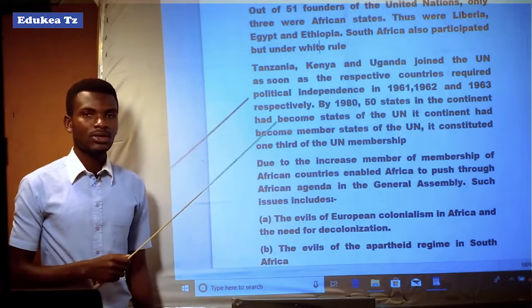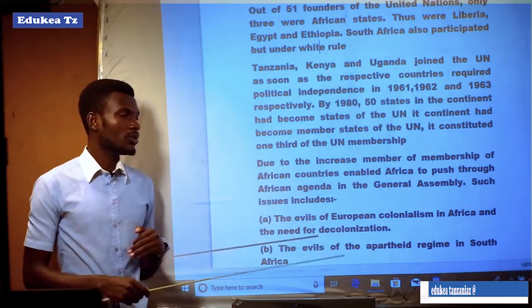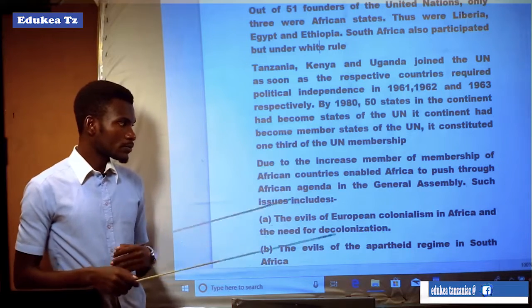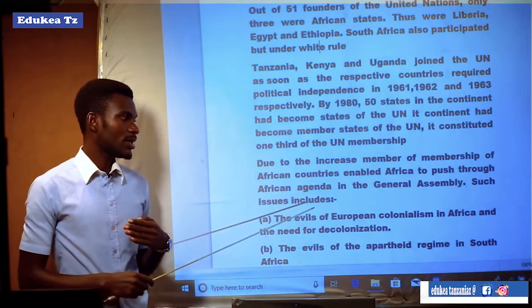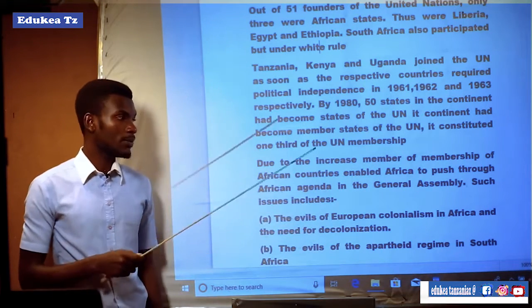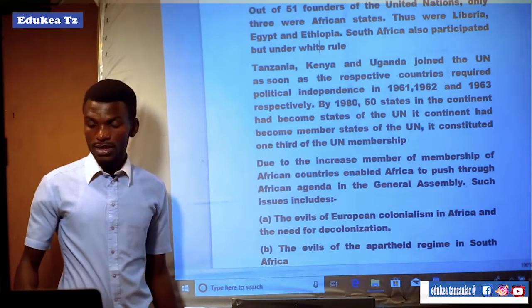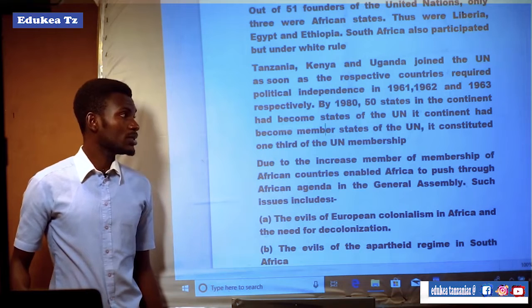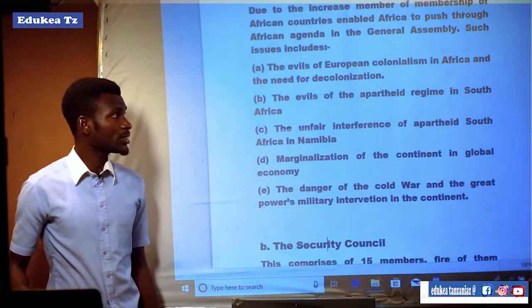So due to the increase in the number of African countries in the United Nations, Africa was enabled to push its agendas in the General Assembly of the UN. Such issues include the following.